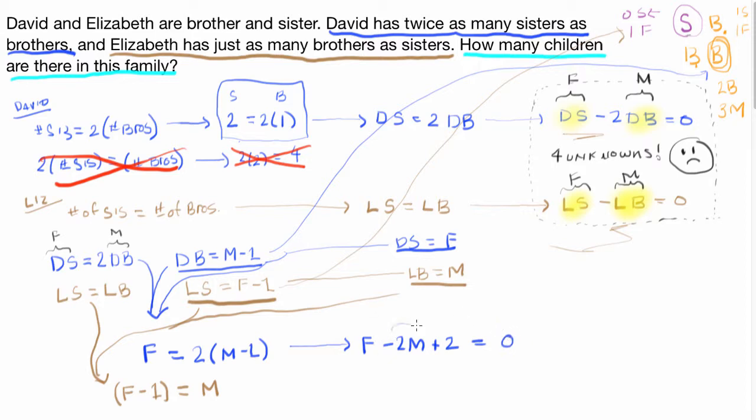You see where I got this, right? That's this guy here. It's just distributed, 2m minus 2 becomes minus 2m plus 2 on the other side.